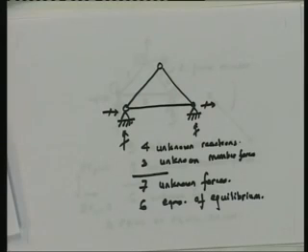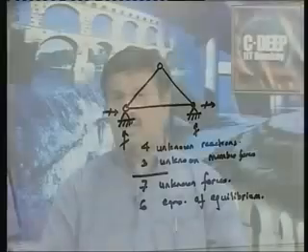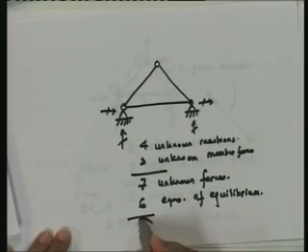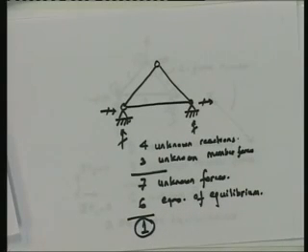How many unknown forces? 7. How many equations of equilibrium? 6. What is the static indeterminacy? Well, subtract the equations of equilibrium from the number of unknown forces and you have the degree of static indeterminacy. So, what is the static indeterminacy of this particular structure? 1.